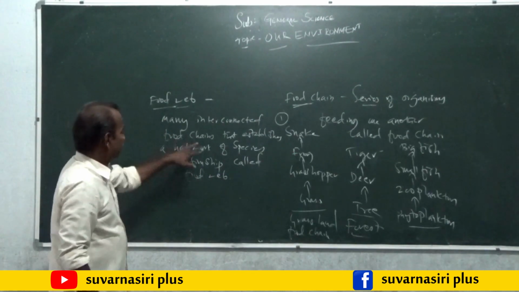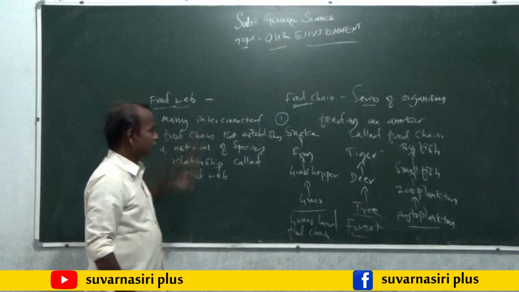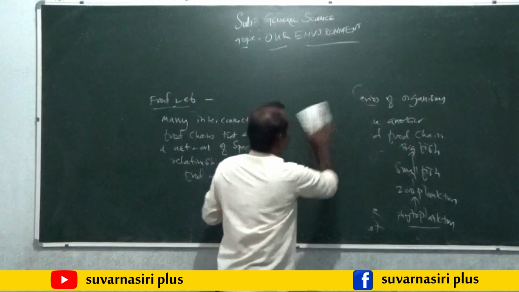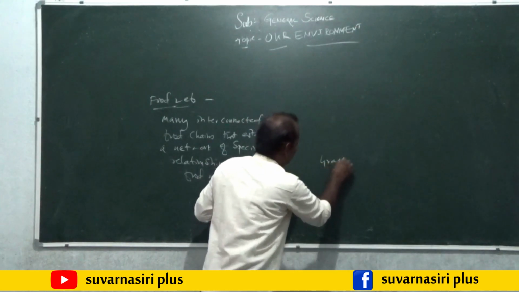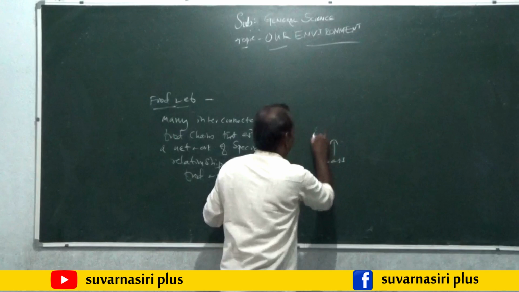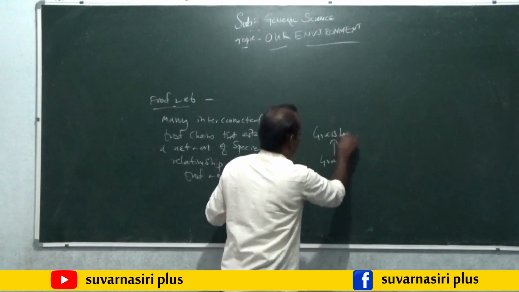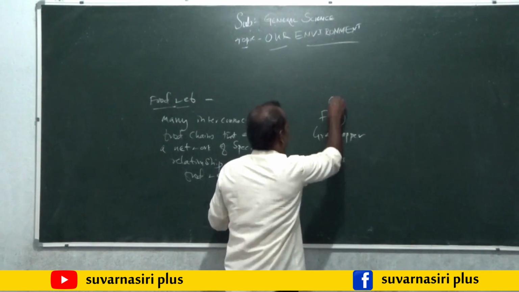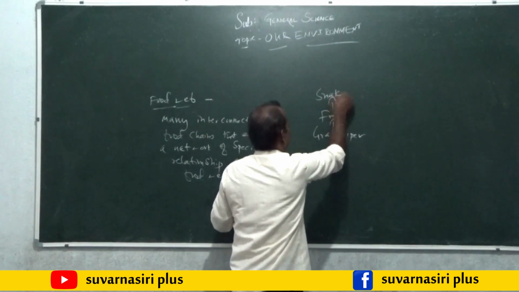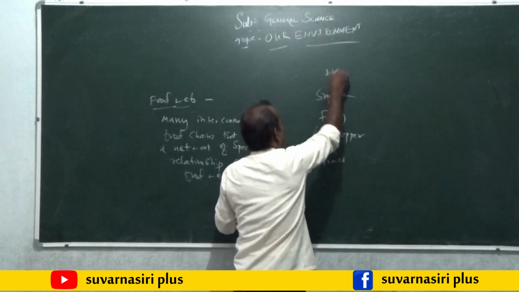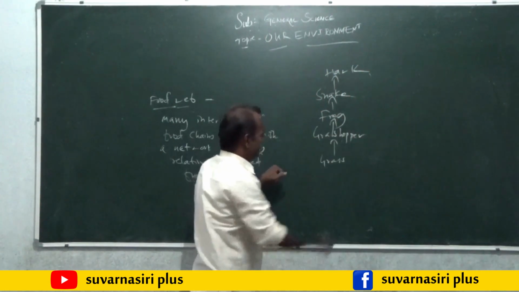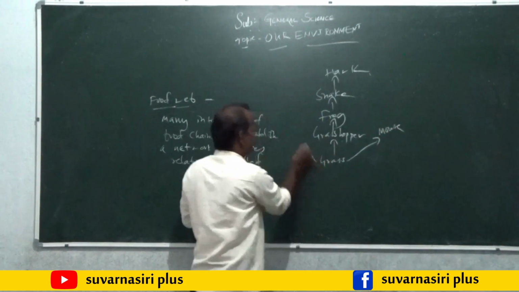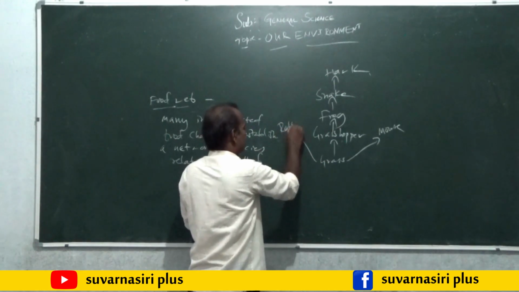How the network of species relationship exists in the food web, I will show you in a simple schematic diagram. Grass is a producer which is fed by grasshopper, and grasshopper is fed by frog, and it is fed by snake and hawk. The same grass is fed by the mouse and a rabbit.